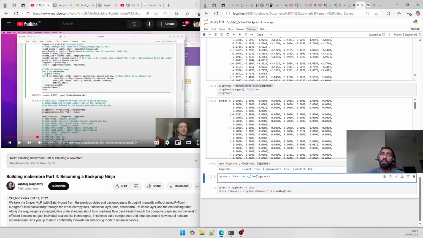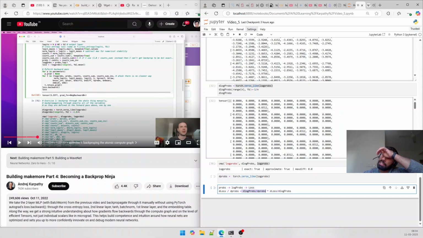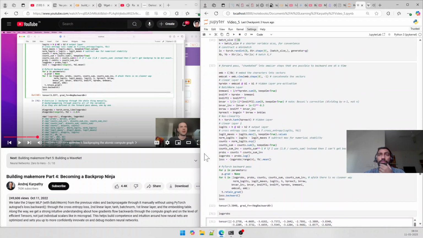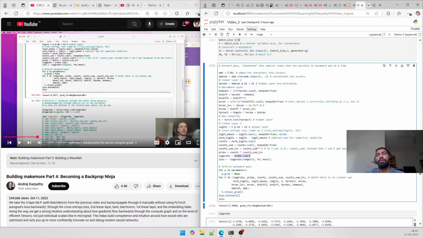So this is what we need to calculate, and this is simple. We are just taking the differentiation of the values there. If you see, on the probability we are doing a log.